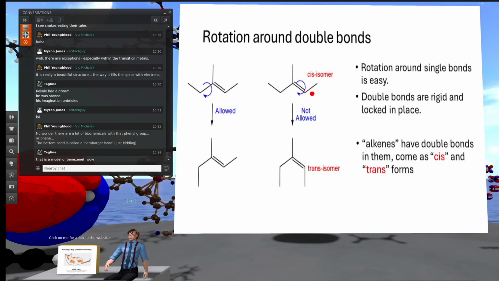Now, double bonds, they actually are rigid. So in this molecule, the one I showed you on two slides previous, we can take this half of the molecule and allow the bond to rotate, and that allows this CH3 group to actually change position.